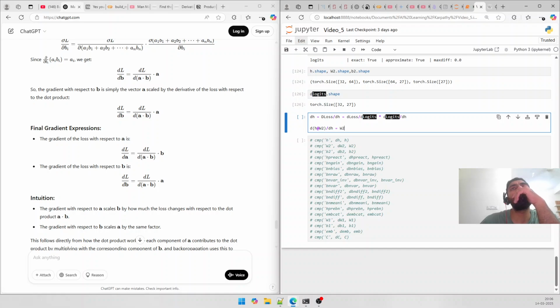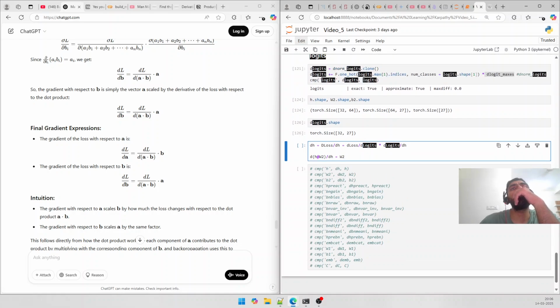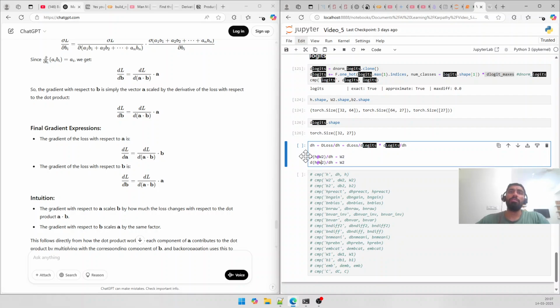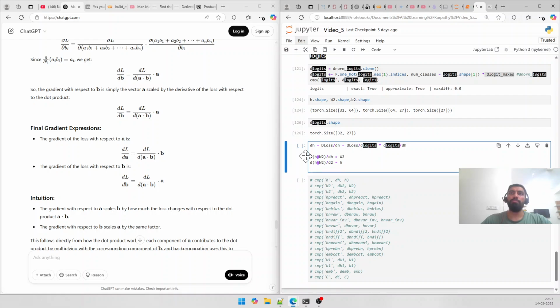Hmm. Not sure about that. Okay, at least I know this thing. So this won't be then L2 by W2, sorry, W2. This will give us h, and when we do with respect to b2, none of them matters.